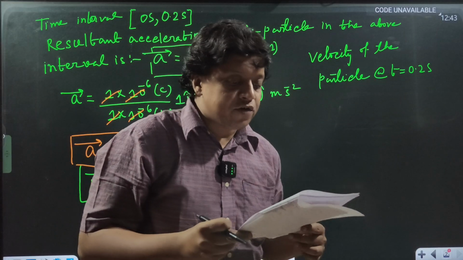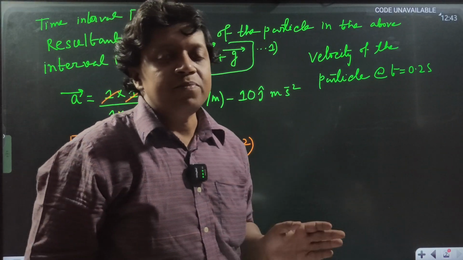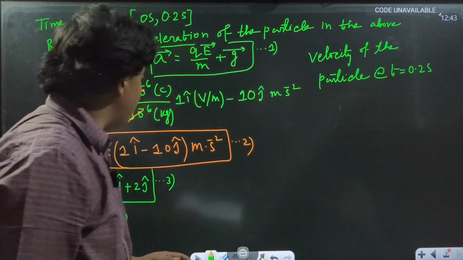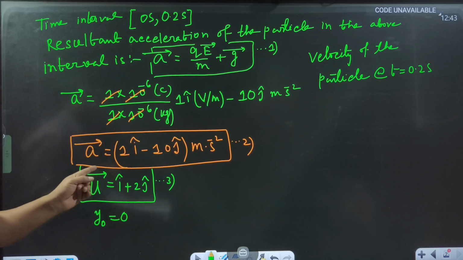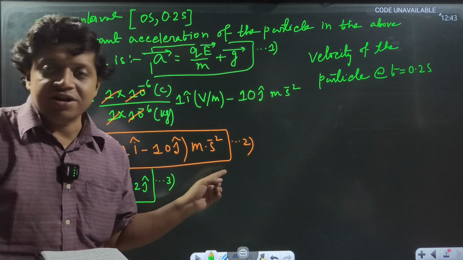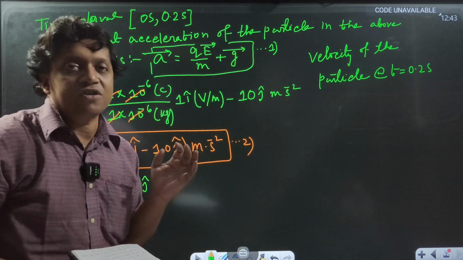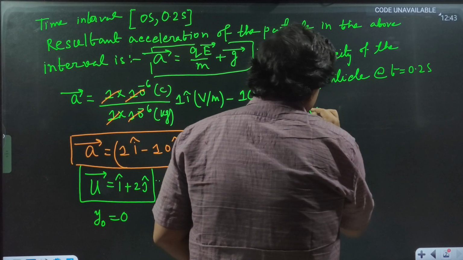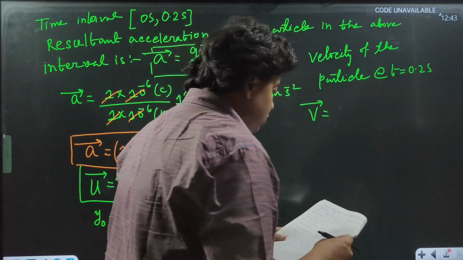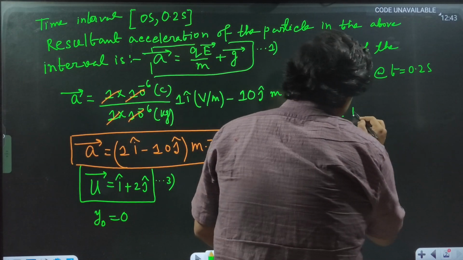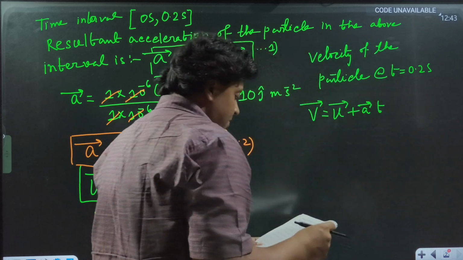at t equal to 0.2 second should be obtained by the simple one-dimensional kinematical equation. Because why? Let me just tell you. Newtonian kinematical equation, because the particle is having constant acceleration. The acceleration is independent of space or time. So we will employ this equation, and despite that there will be hue and cry that IIT problems are very tough. It is not tough, it is conceptual.